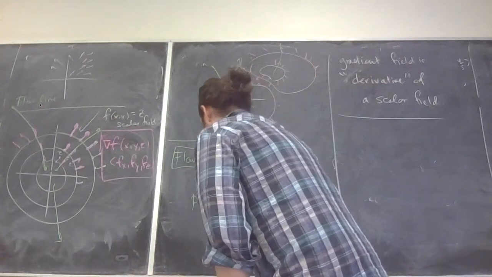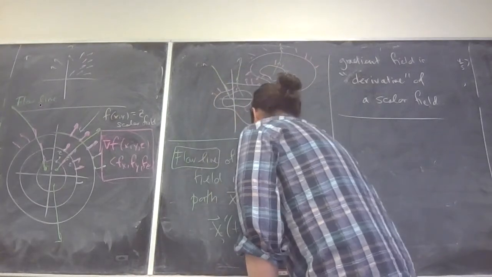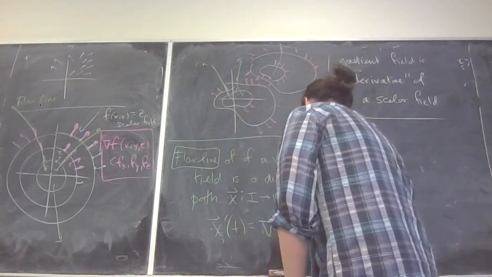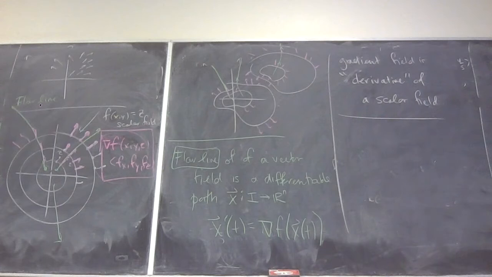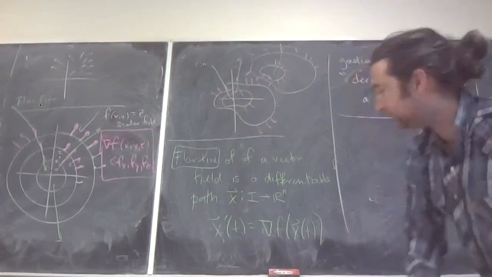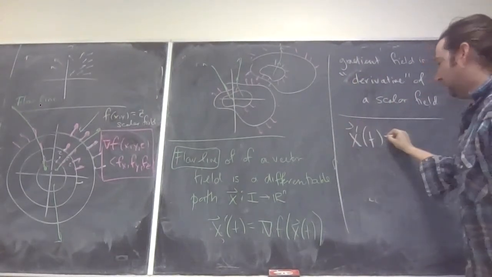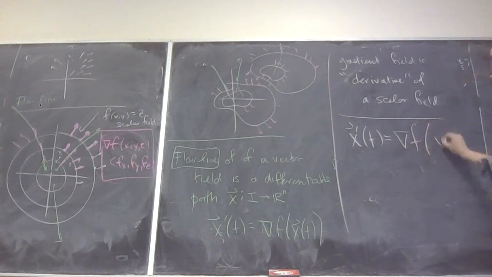So this is true: x prime of t is equal to the gradient of f evaluated at the point x of t.